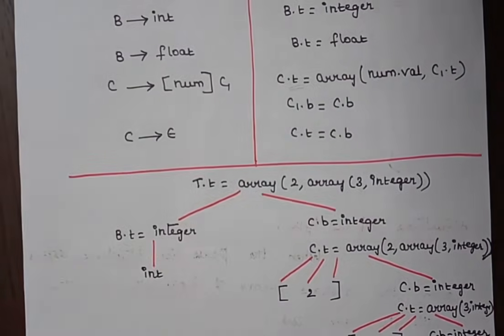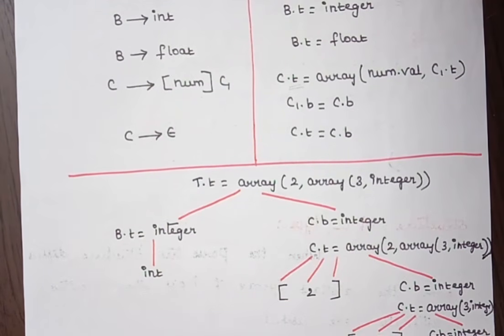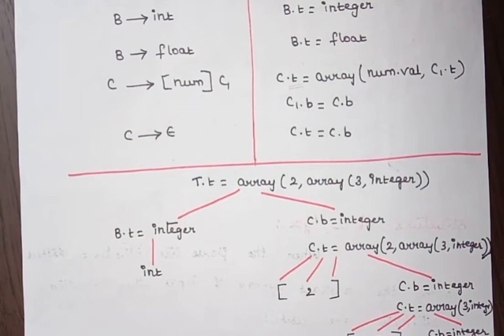If we look at the last node here, this C dot b actually contains epsilon as the production. When this is the case, we are just assigning the value of C dot b to C dot t here. So the same integer is assigned here.